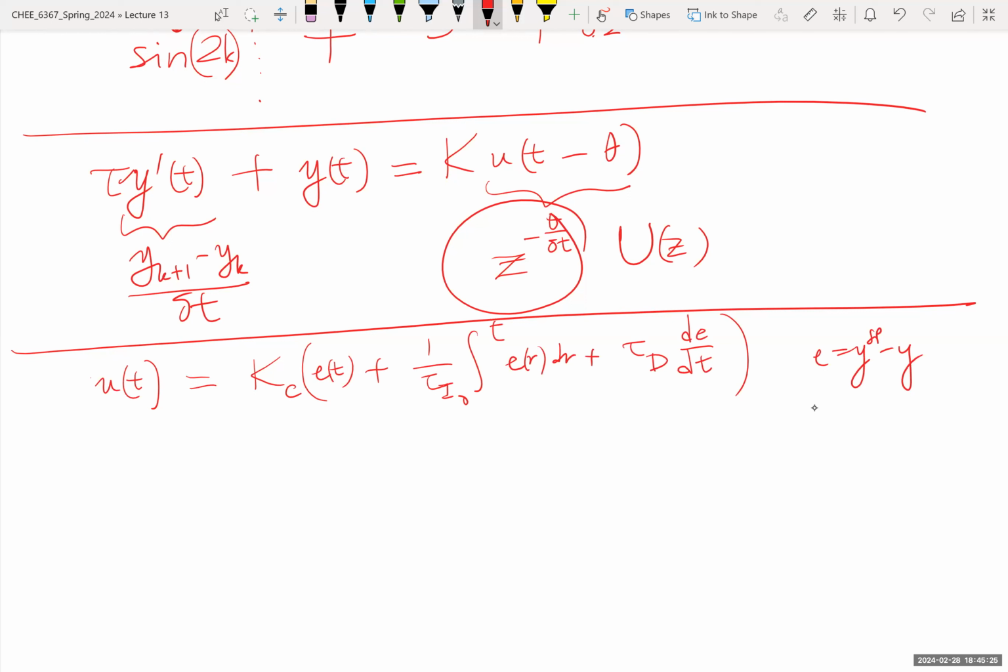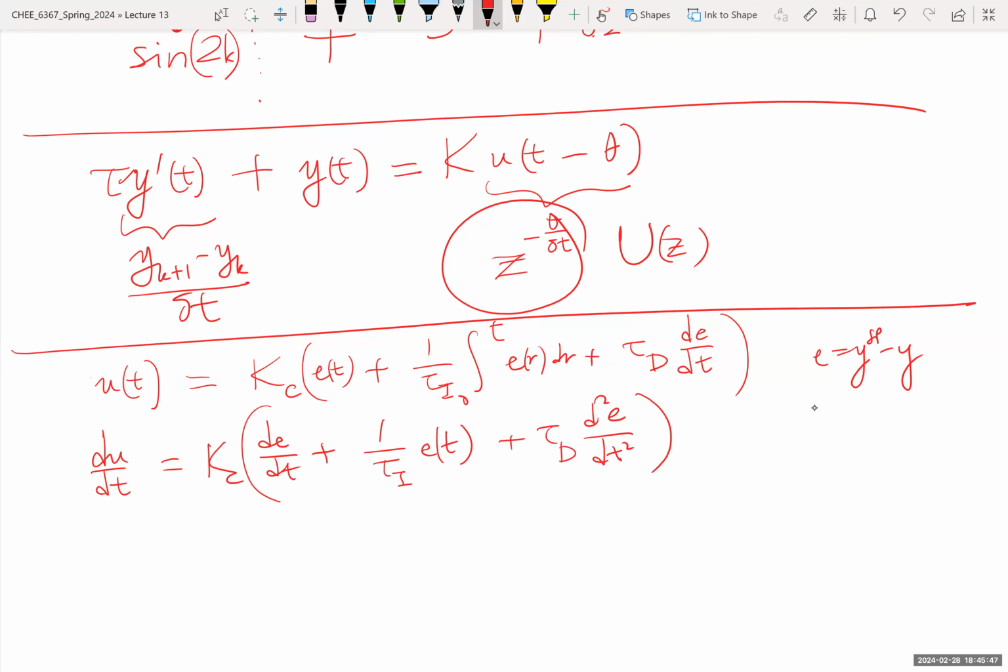We can approximate this in discrete time. We take the derivatives of both sides, and this becomes du/dt is Kc de/dt plus 1 over tau I e of t plus tau D, the second derivative with respect to time. And then du/dt is approximated by u(k+1) minus u(k) over delta t.